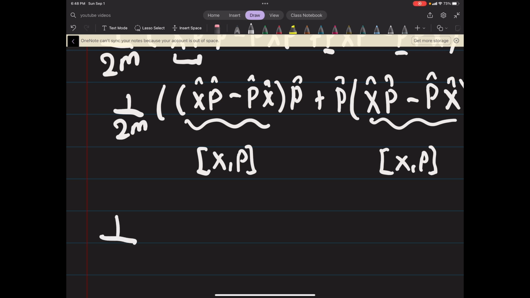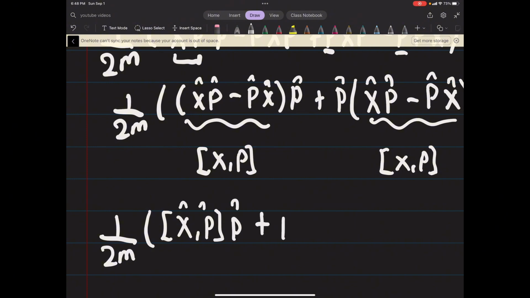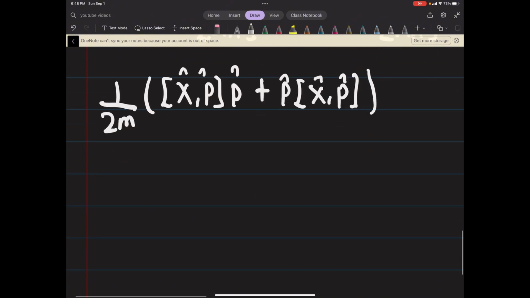So we have 1 over 2m times this commutation relation plus p times the commutator of x hat and p. Now the commutation relation of x and p is given in the book, and in fact we've proven this in a previous problem, I believe 3.5. So it's pretty easy to rederive if you want.